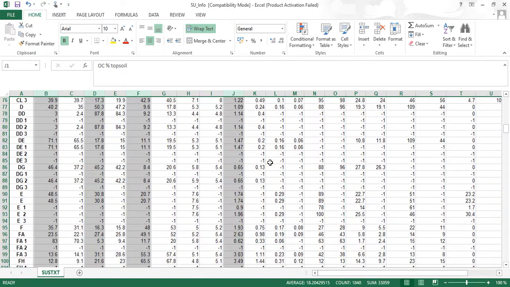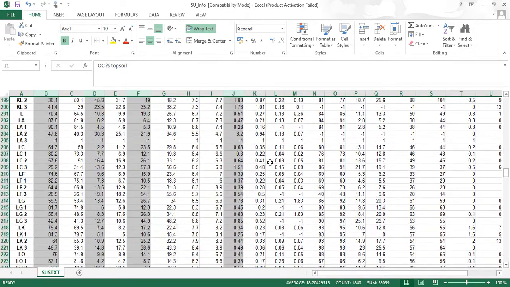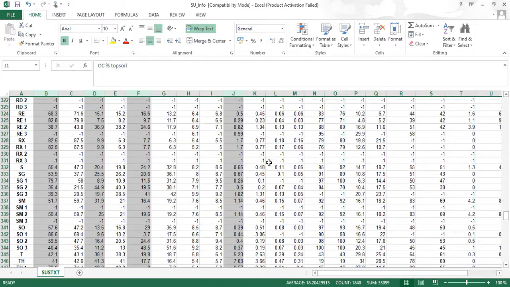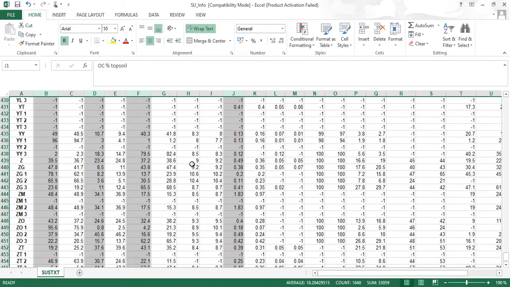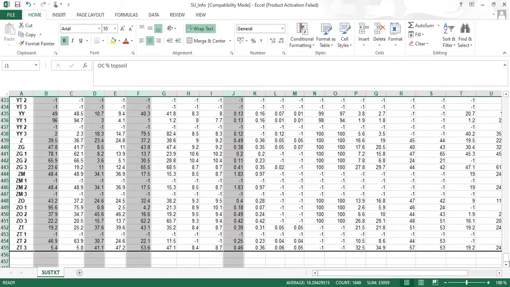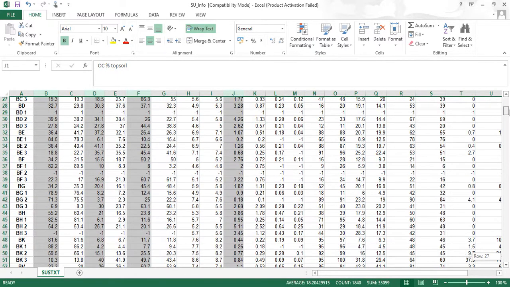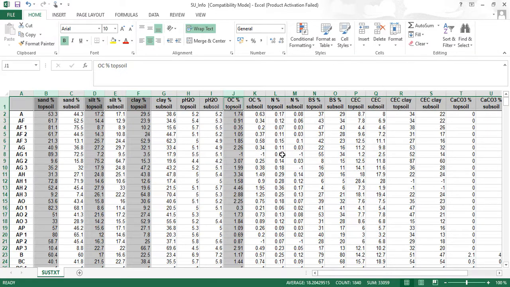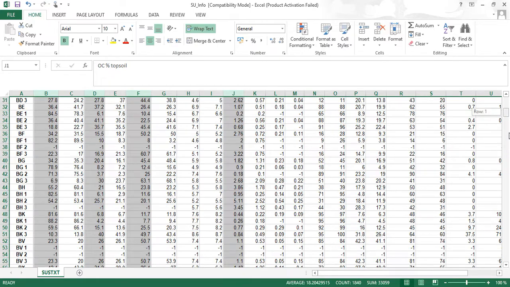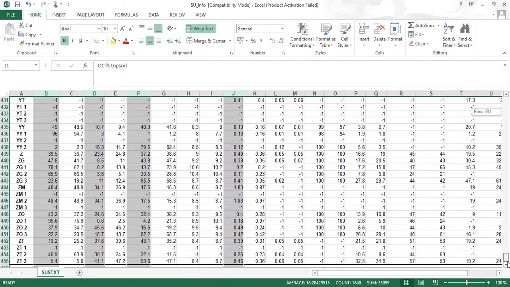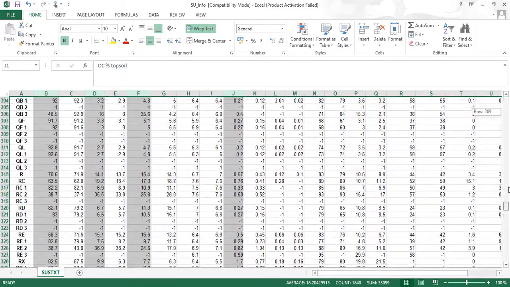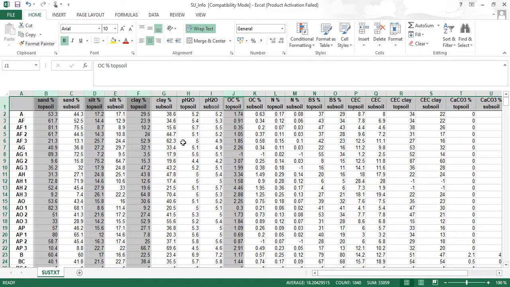Don't forget, these are the various soil types for the world, for the digital soil map. So these are the various soil types we have, almost 500 soil types with the percentage of their composition.